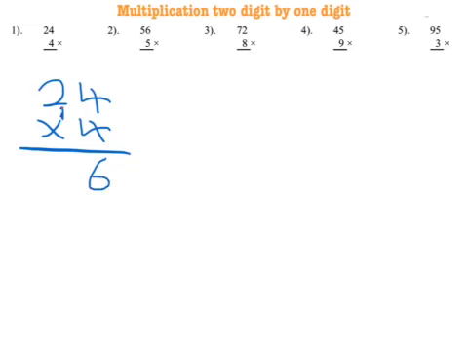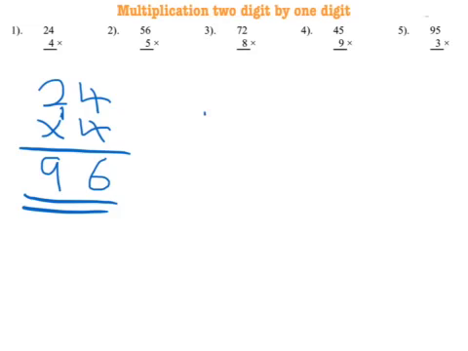I'd like to write my 1 there when I carry it. Now I've got to do 4 times 2, then I'll add the 1. 4 times 2 is 8. Add the 1 is 9. Question done.